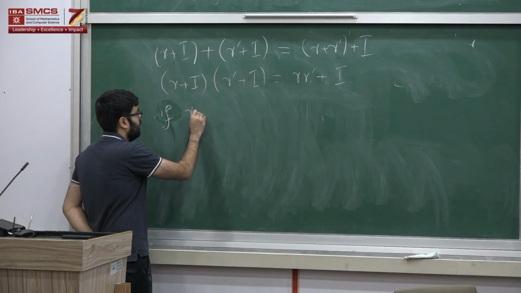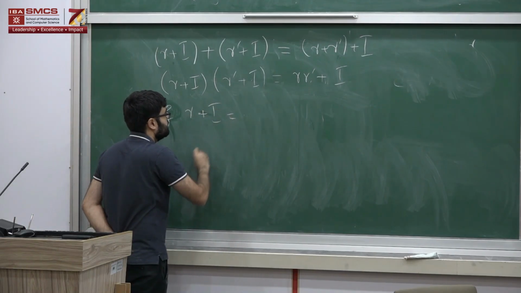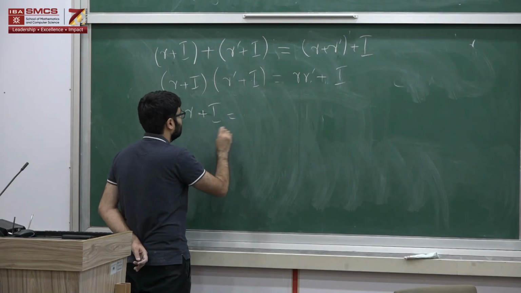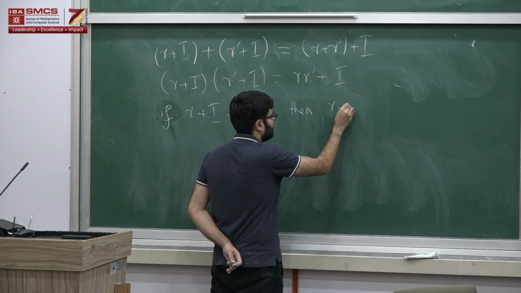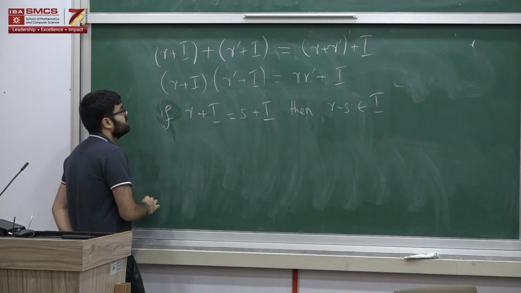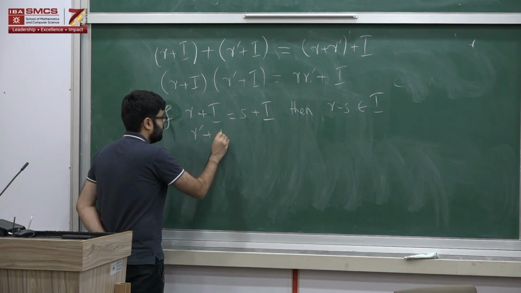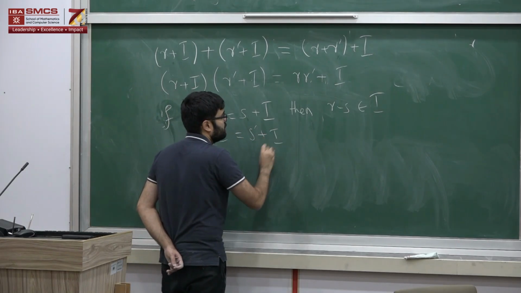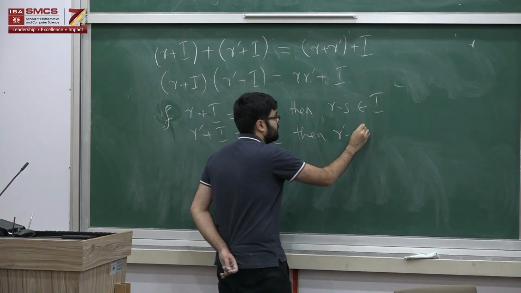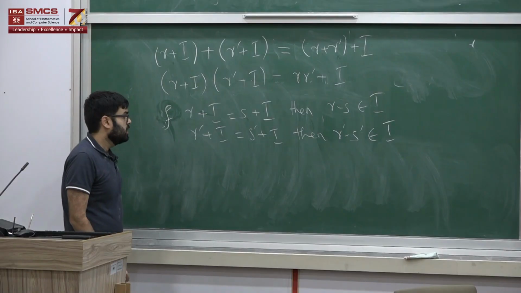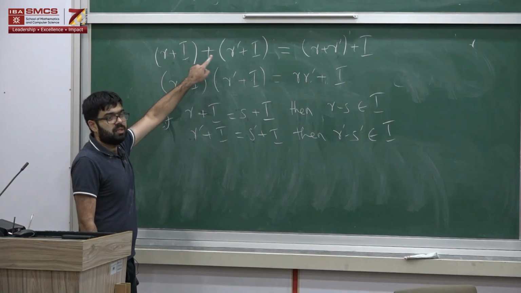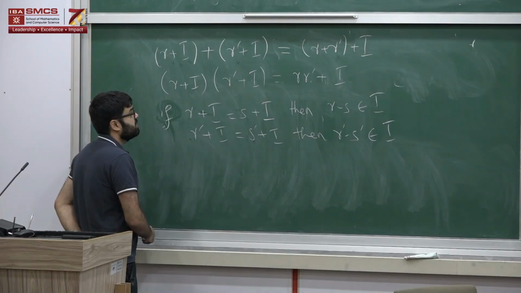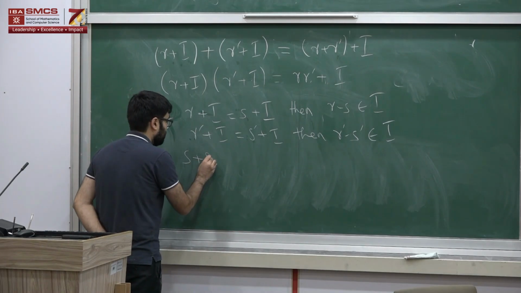If R plus I is the same as S plus I, then I know that R minus S is in this ideal, and similarly if R prime plus I is the same as S prime plus I, then R prime minus S prime is in the ideal. So if I use S and S prime to write down these two elements of my ring, then I will get the answer which is S plus S prime.